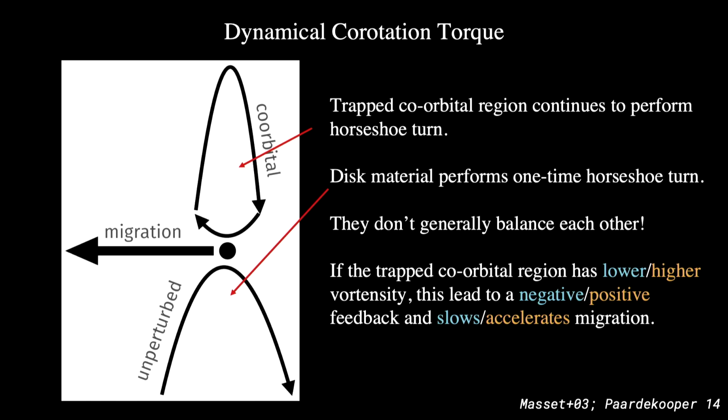Generally speaking, for protoplanetary disks, the vorticity profile is increasing inward. So if a planet is migrating inward, it starts off at a low vorticity region and moves into a high vorticity region. That leads to negative feedback. And so in that case, the orbital migration rate would slow down. How much it slows down depends on the total mass within that co-orbital region. The more mass in there, the more it slows down. And theoretically, it could completely stop the planet.